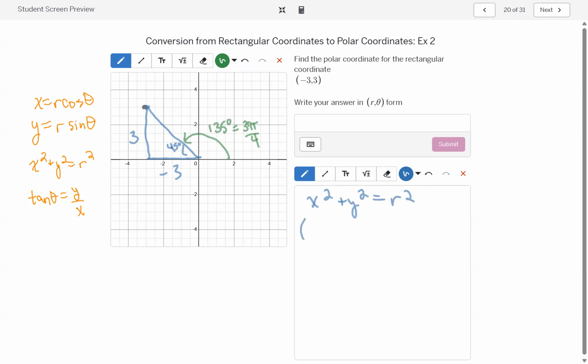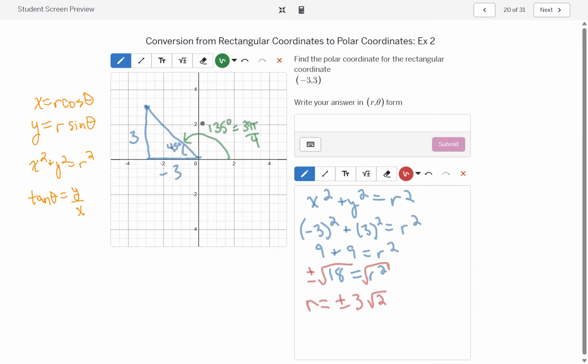So we get 9 plus 9. And then we square root. And we have to remember the plus or minus. So we have r equals plus or minus. Now 18 is 9 times 2. So the square root of 9 is a 3 on the outside, but the 2 stays inside the square root. So we have plus or minus 3 square root of 2.